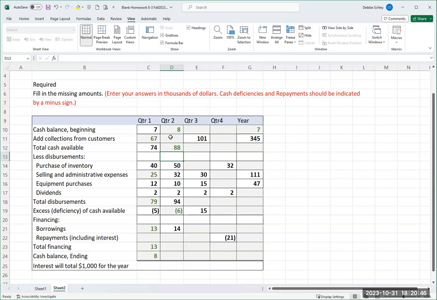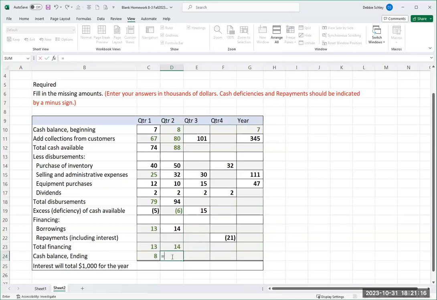Now I can figure out the collections for customers because I know this plus this equals this. So then in reverse, total cash available minus beginning cash equals collections from customers. Okay, and then my total financing was the sum of those two numbers.